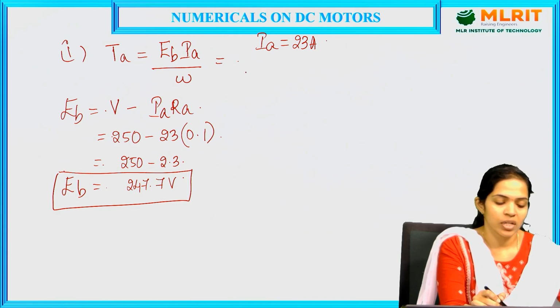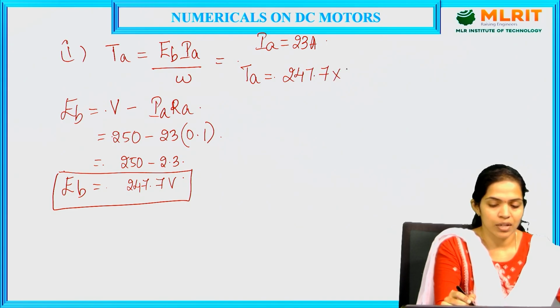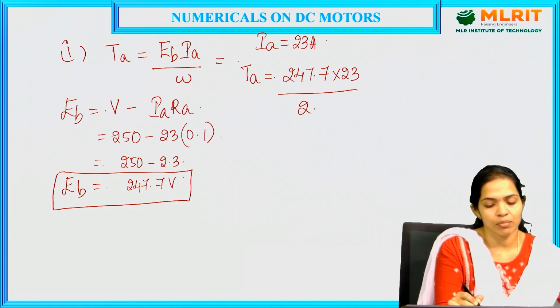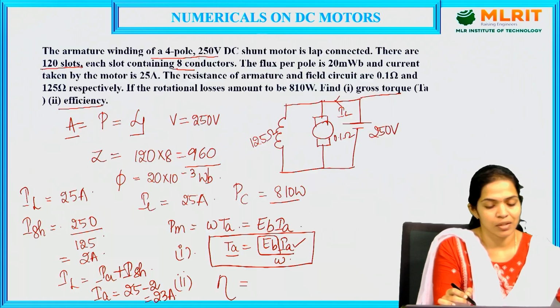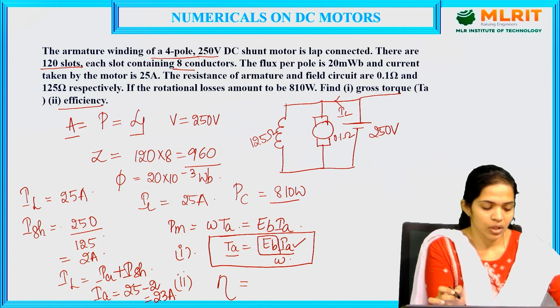Then substituting it here, TA is equal to EB into IA 23 divided by omega, which is nothing but 2 pi N by 60. So we were not given the speed in the question, so we need to calculate the speed as well.